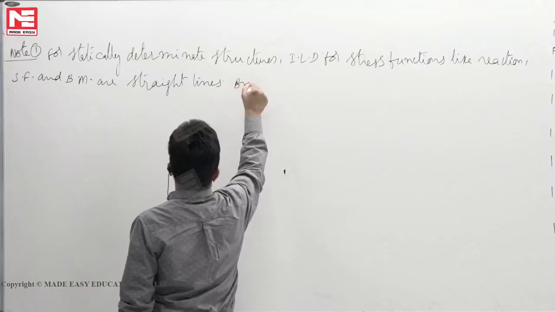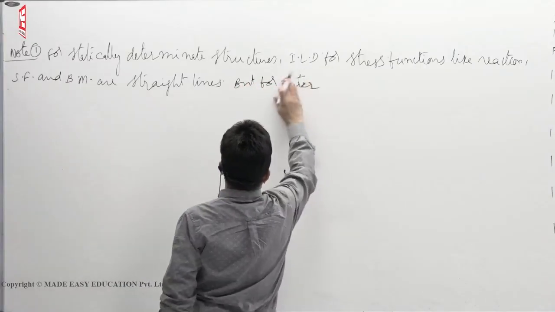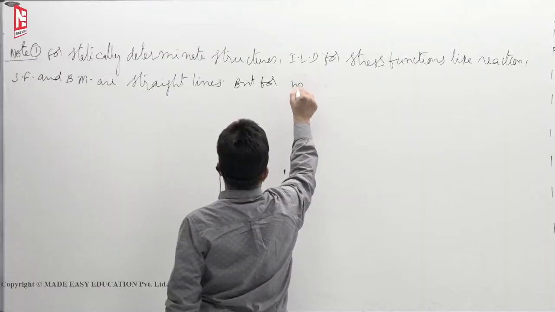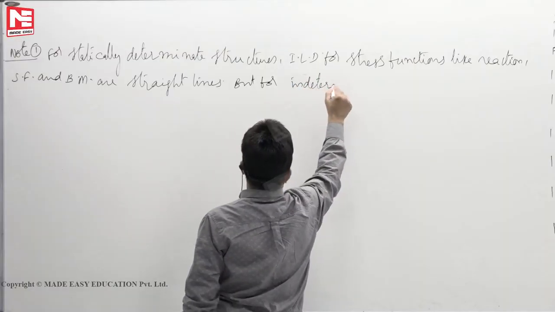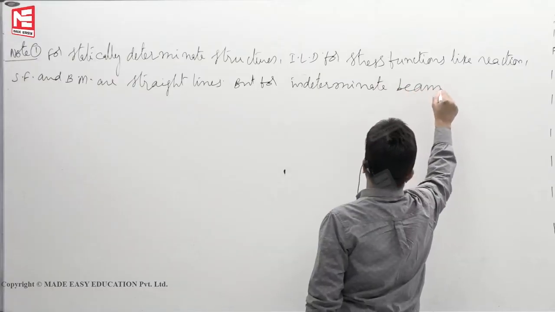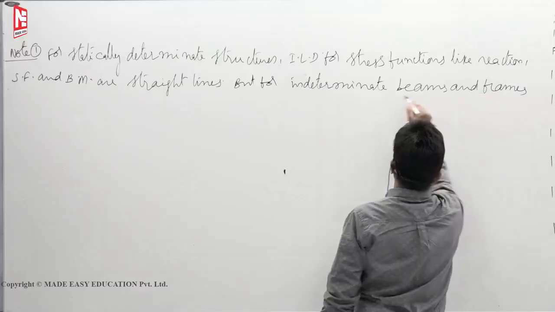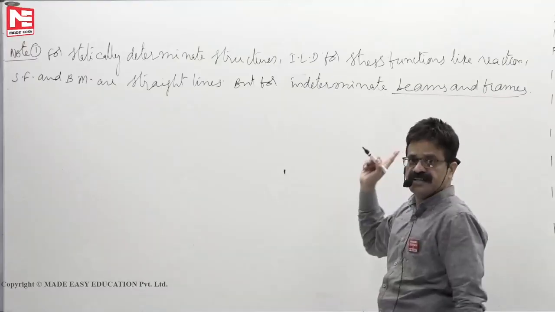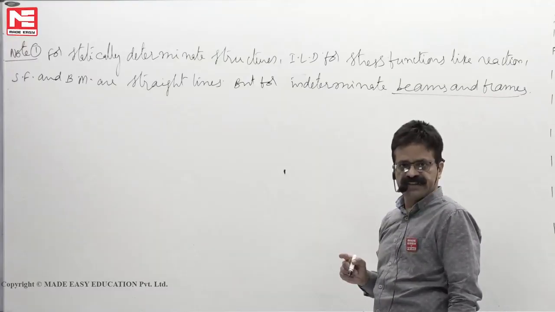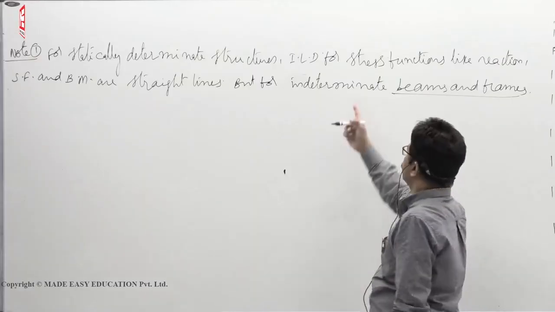But for indeterminate beams and frames only, not for arches. Arches will get a fourth degree curve because of the expression for the horizontal thrust.